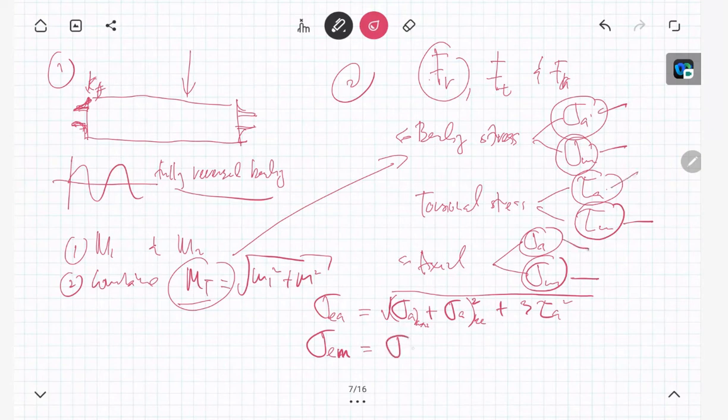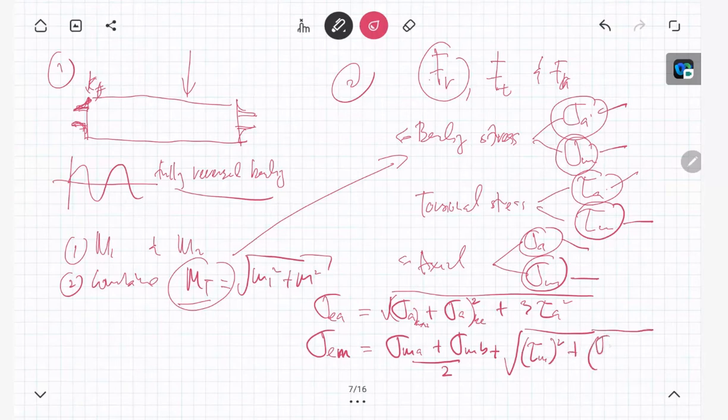So kita gunakan formula sigma mean axial plus sigma mean bending divided by 2, plus square root of tau mean squared plus sigma mean axial plus sigma mean bending divided by 2, squared. Okay.